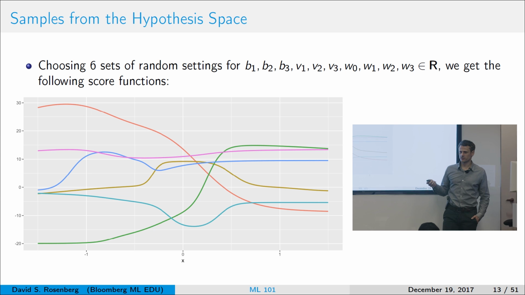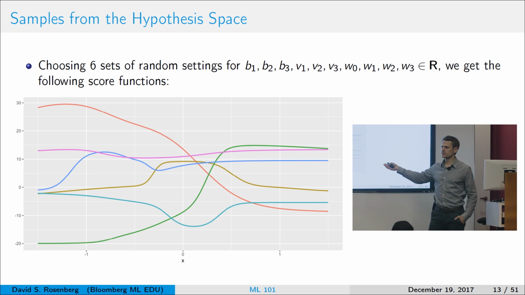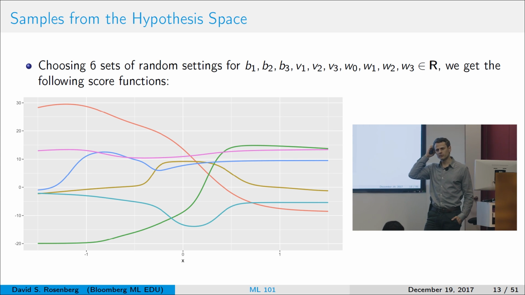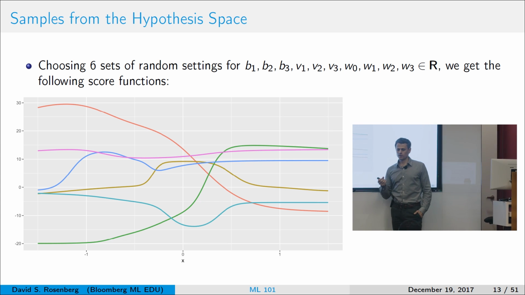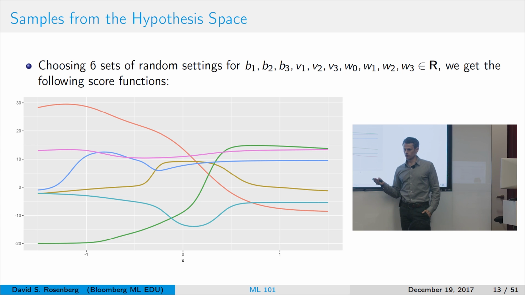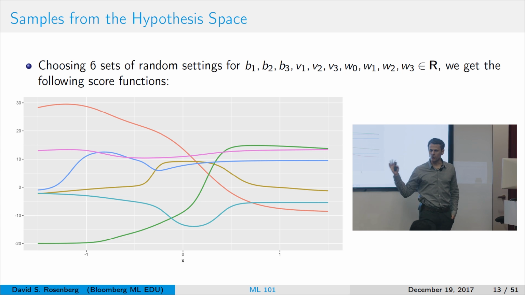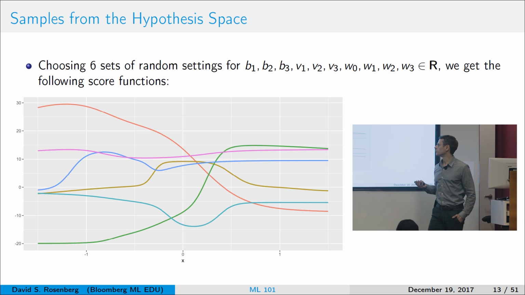Okay. So the question is, if this is our hypothesis space or some samples from our hypothesis space, how are we going to find the right hypothesis to fit some training data? And at this point, we know exactly how to do that. We have all the machinery from the course, which is exactly what we'll use.